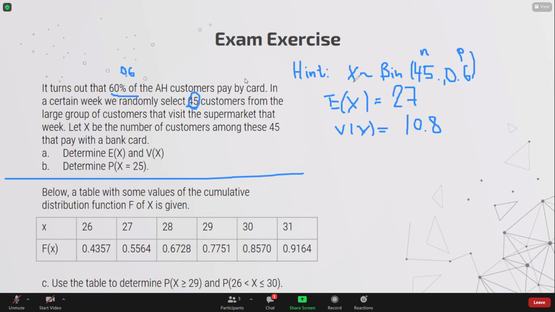And if we know that it's a binomial distribution, we easily can calculate because this is n times p for the expectation. And then we have for the variance n times p times the probability of having a failure, which is 1 minus p. That is A.